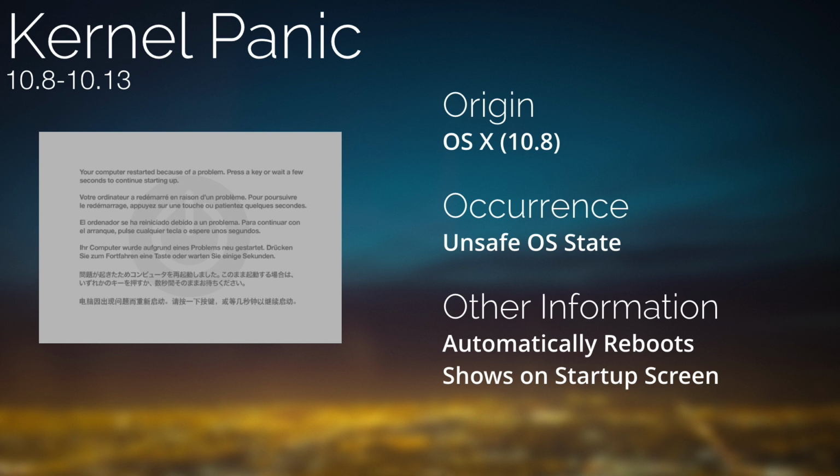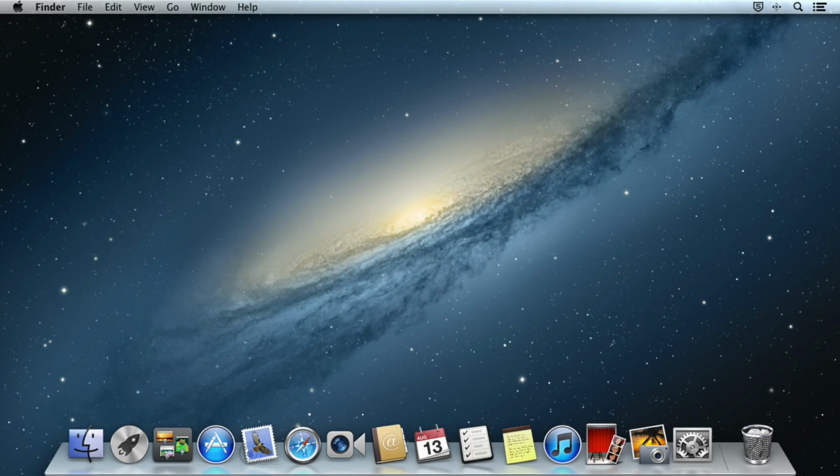And it says your computer restarted because of a problem, press a key or wait a few seconds to continue starting up. Resume was still integrated, so you could basically open up all your applications again, like nothing ever happened, but now there's one more step taken out of it. It'll automatically reboot for you. If there's a problem, it'll shut down, you'll hear the chime, see the message, and if the system can continue, you'll see the apple, and you're good to go.